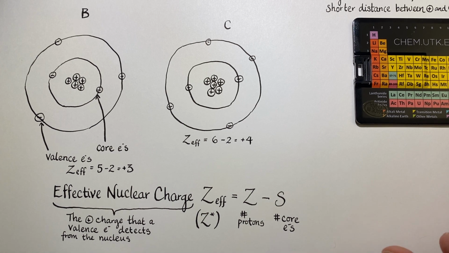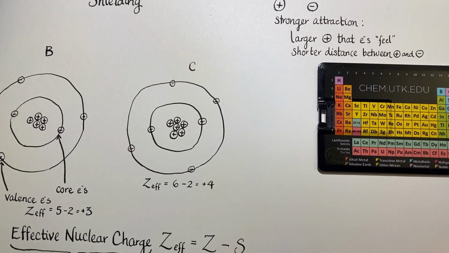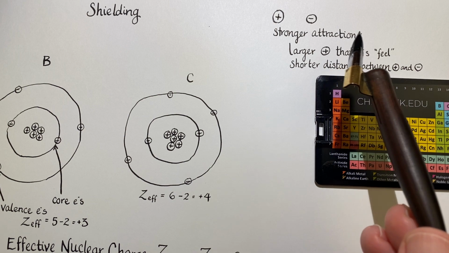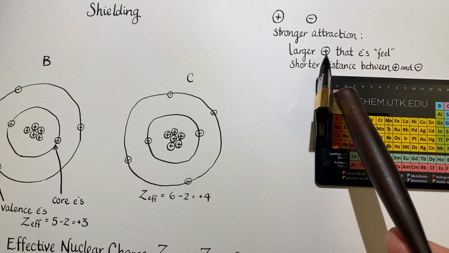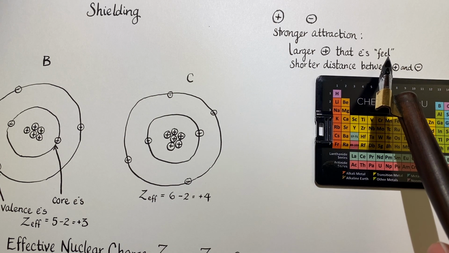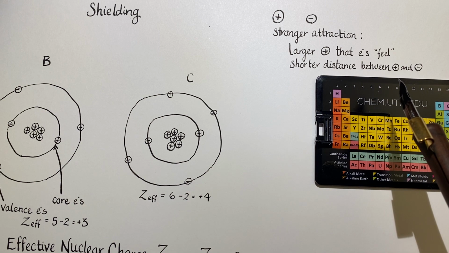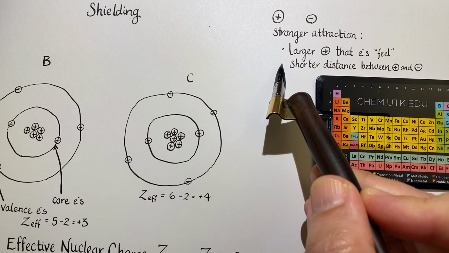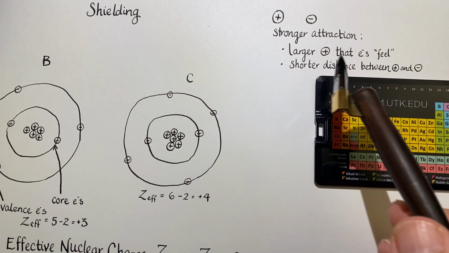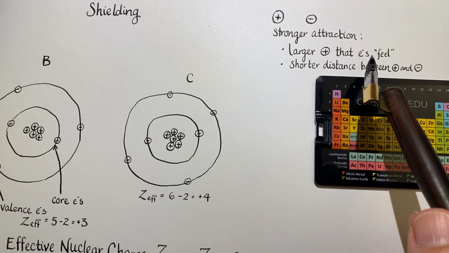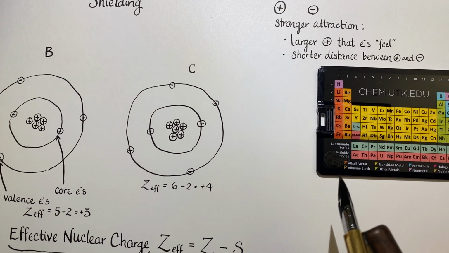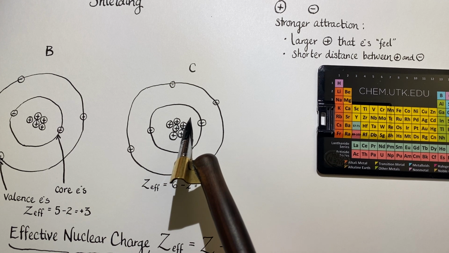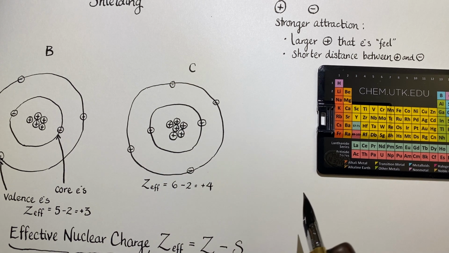Remember what we said early on in the video? We talked about the stronger attraction. If there is a larger positive charge that the electrons feel, that is going to be one of the effects. Okay, there are these 2 effects. Well, what happens when an electron feels that stronger charge? It will be attracted and it will be pulled in.